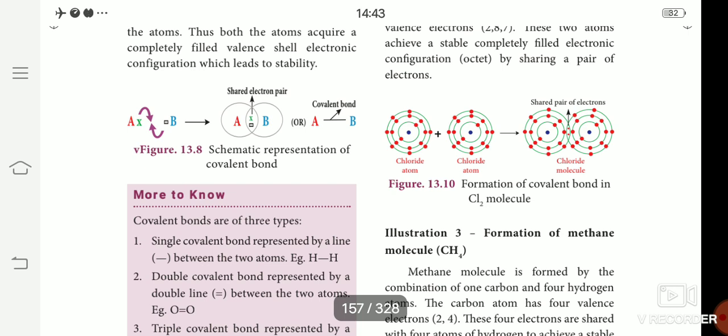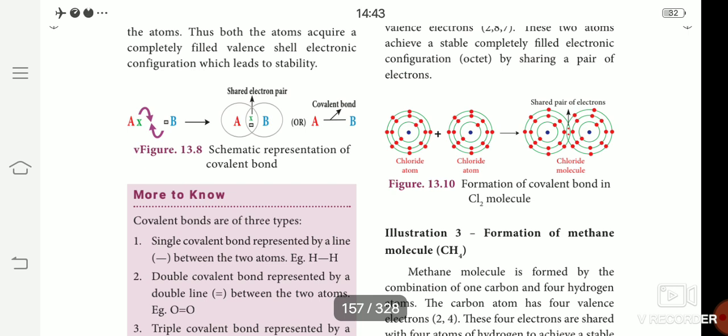These electrons are shared as a pair between atoms A and B, so a bond is formed, and that bond is a covalent bond. The shared electron pair fills the outer shell of both the atoms, so the valence shell electronic configuration is completely filled. It is the stable one.